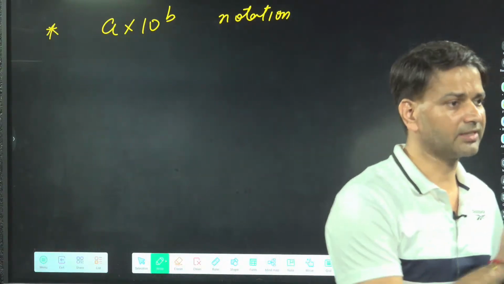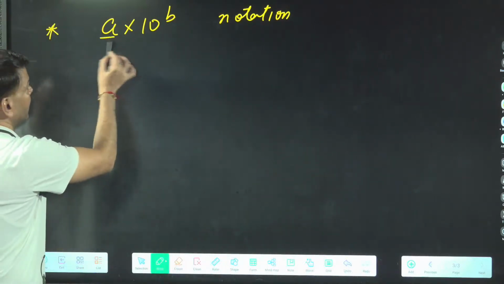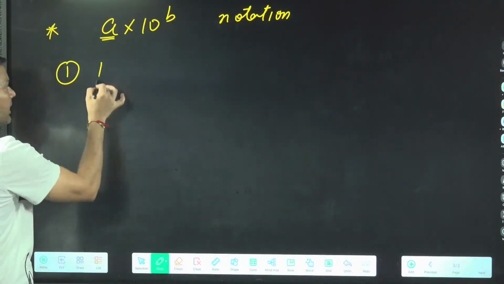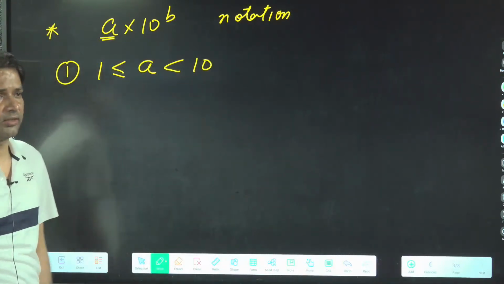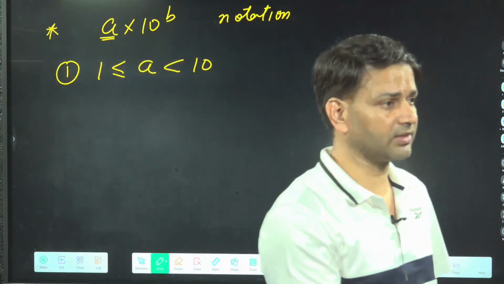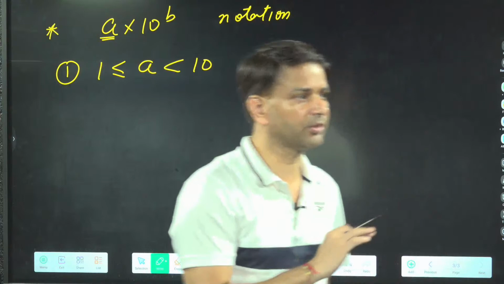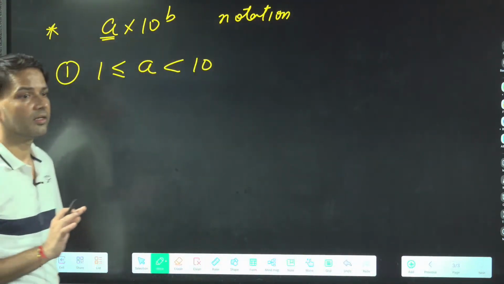But there is a condition when we write this. Here A must be between 1 and 10. Equality is there at 1, but it has to be less than 10. Any number between 1 and 10 we can take as A. Getting it or not?